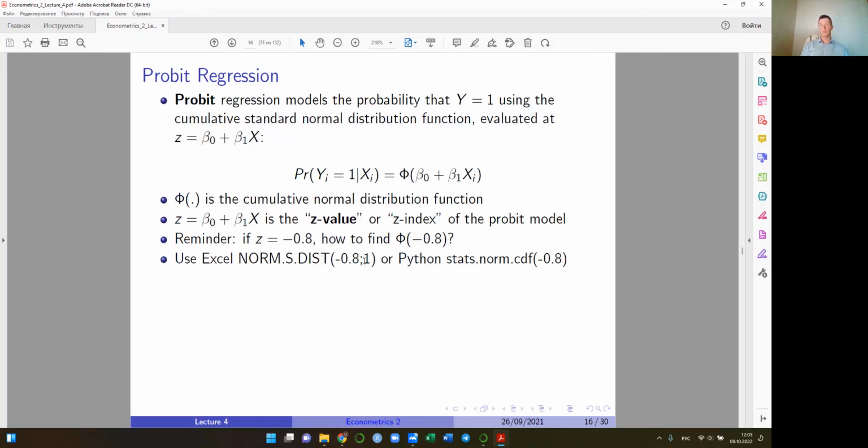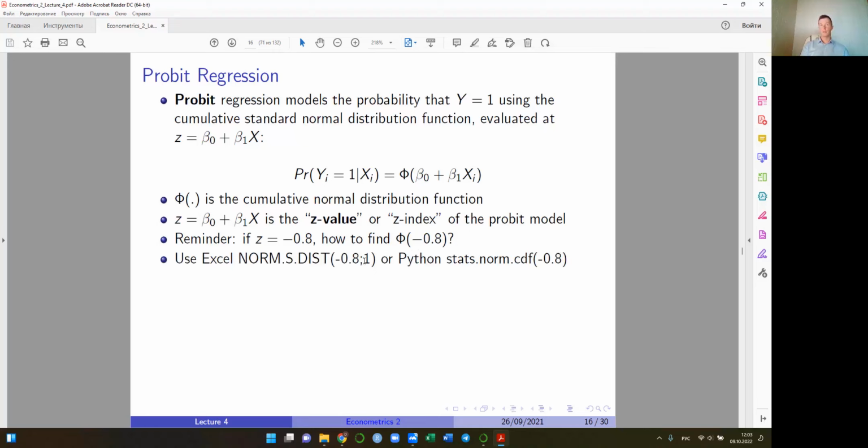So how can we derive a logistic CDF? We start with the definition of the following measure, which is the odds ratio. We take the probability that y equals 1, and divide this by the probability that y equals 0, or 1 minus p. We are using this odds ratio all the time.